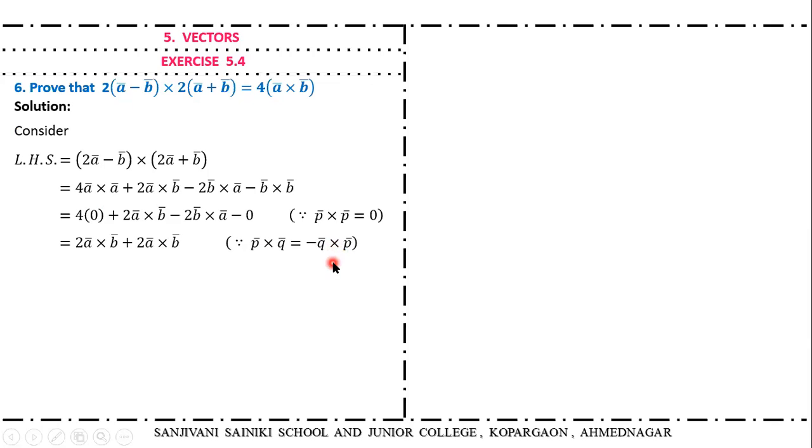So the vector product or cross product is non-commutative. Taking the addition, you will get 4 a bar cross b bar, which is nothing but our right hand side. Hence this proves that (2a bar minus b bar) cross (2a bar plus b bar) is equal to 4 a bar cross b bar.